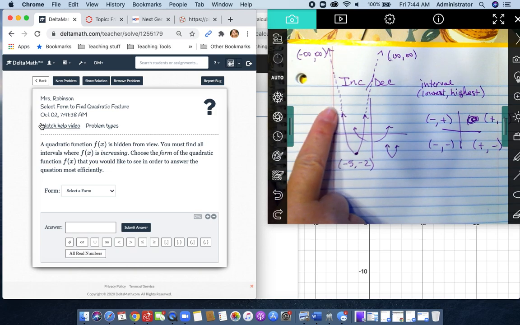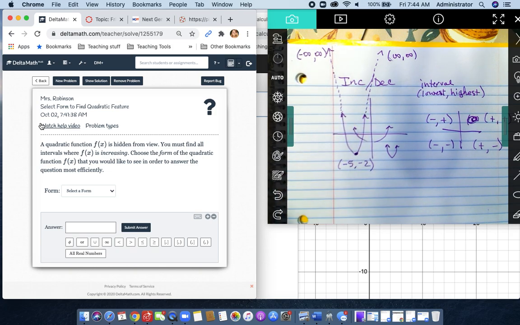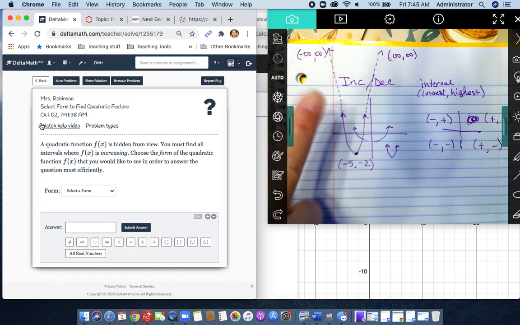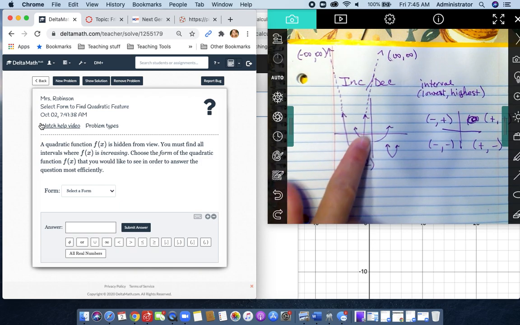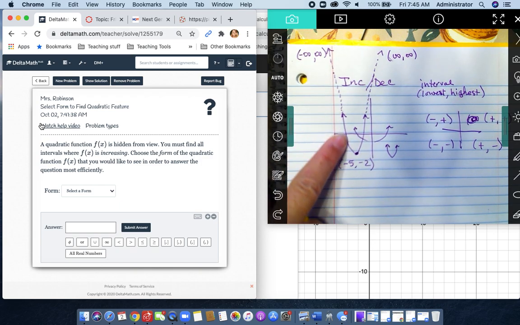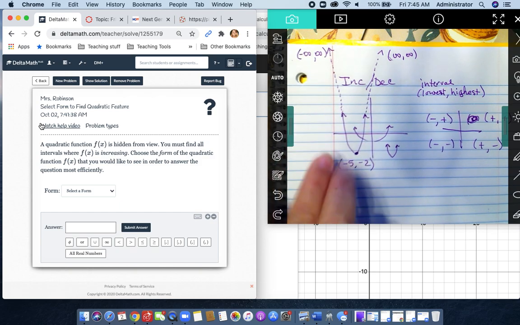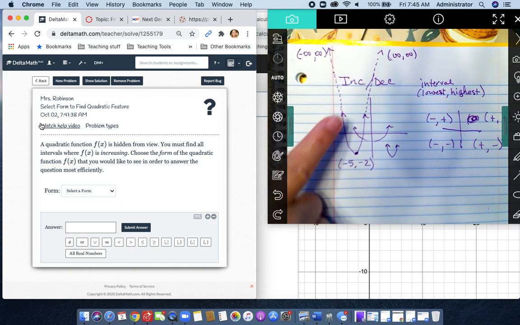Every time, always left to right. In math, we always read graphs from left to right. So if I start up here on the left and trace it, I'm going to go down, then up. Well, that means I'm first decreasing, then I am increasing from left to right. Okay, so you can't look at both sides and go, oh, they're both going up. You have to say the x values here.